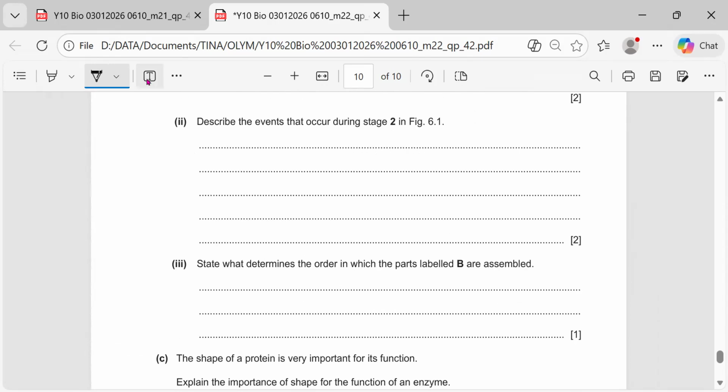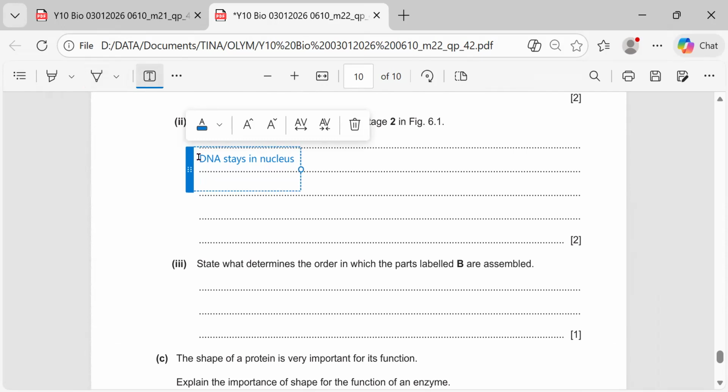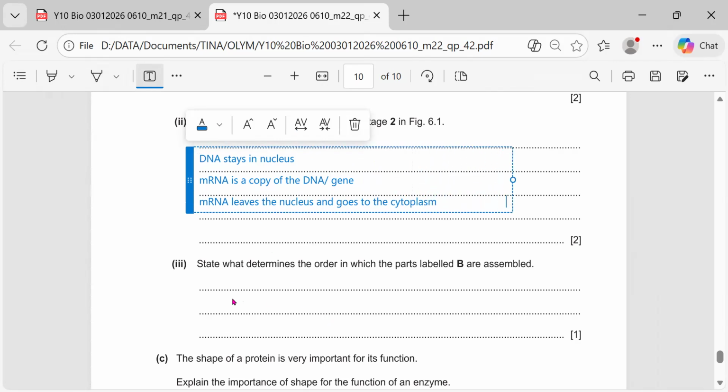So DNA stays in the nucleus. mRNA is a copy of the DNA or the gene. Actually, there's only a section, so gene. So mRNA leaves the nucleus and goes to the cytoplasm.